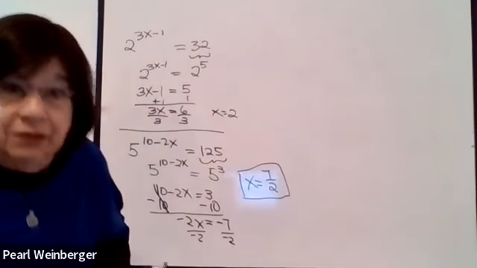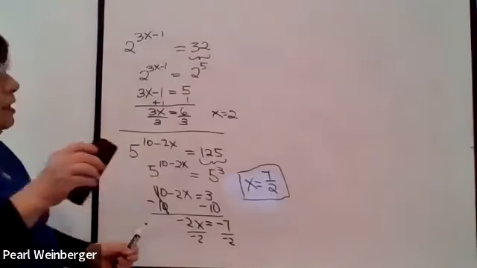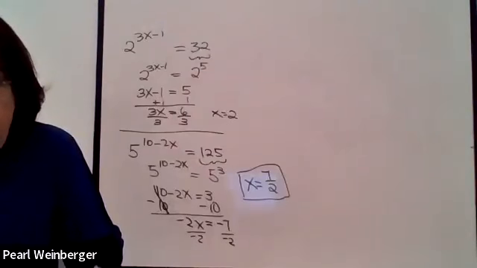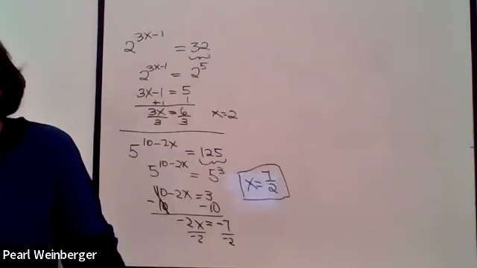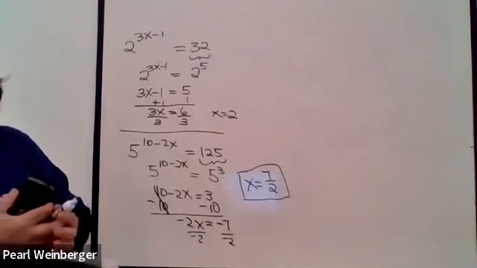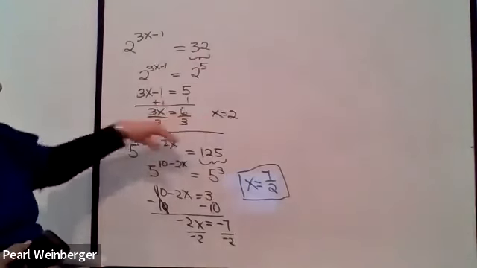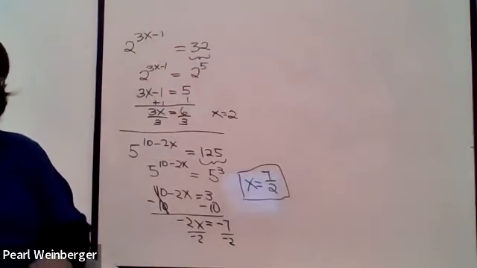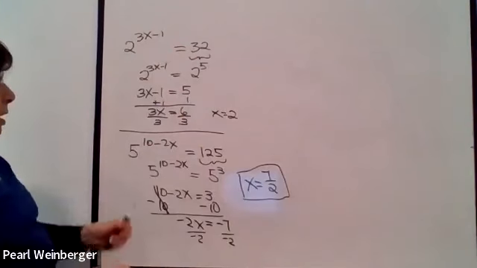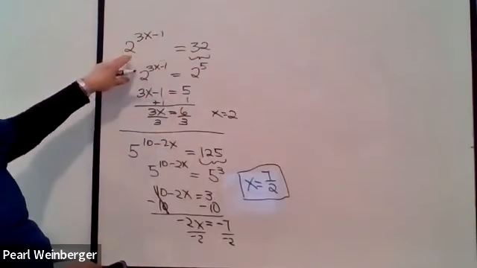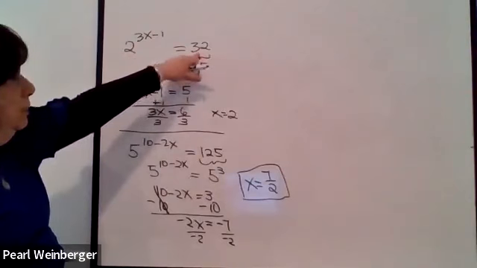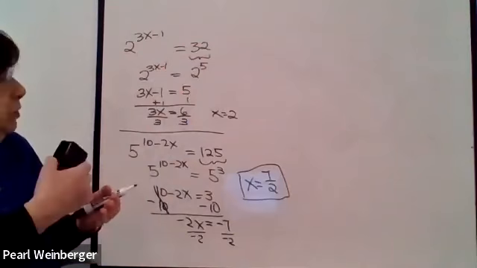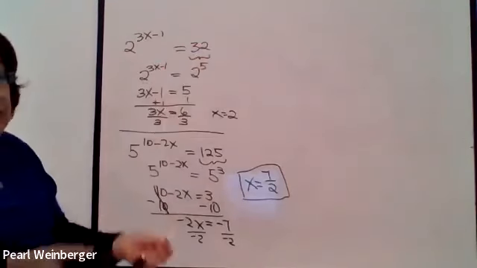Okay, good, excellent. So I want to now introduce a new topic, which really you'll see how it ties in with what we were talking about here, these exponential equations. Again, let me just mention, if this number wouldn't have been 32, let's say this number would have been 30, I would never have been able to put it as 2 to some exponent.